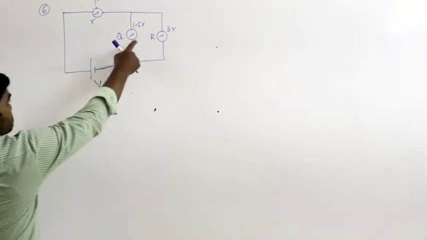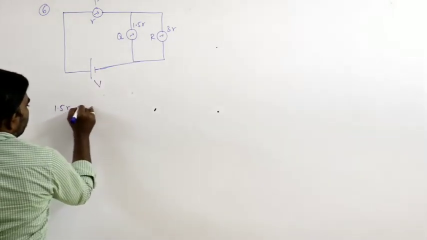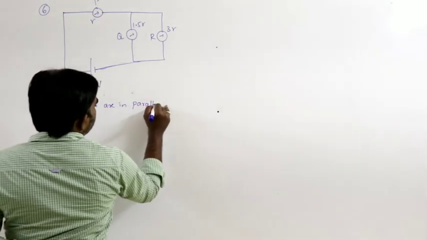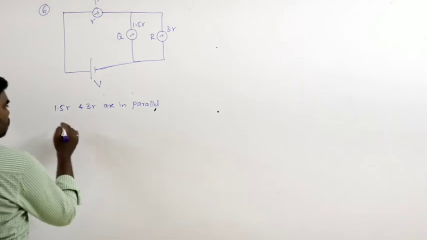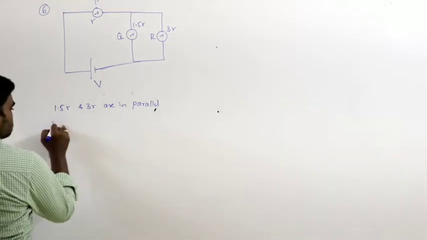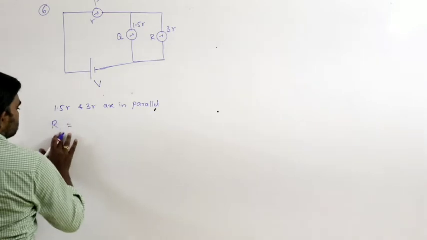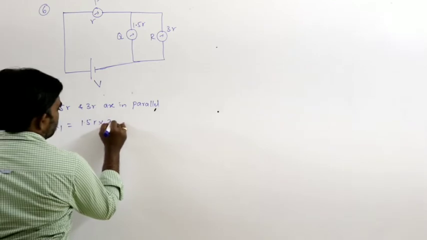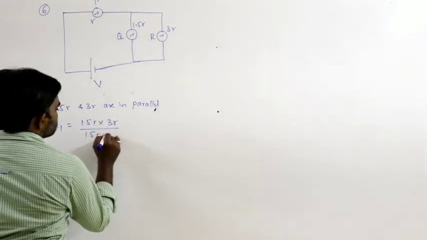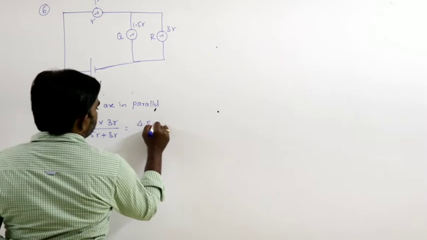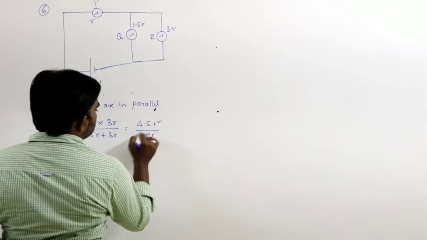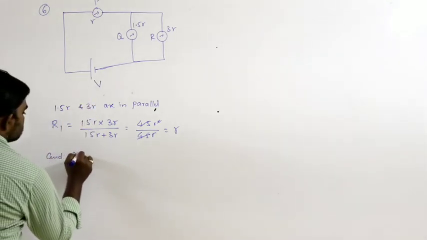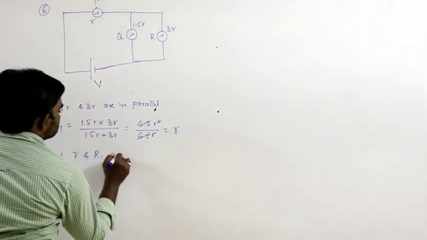The effective resistance of 1.5 R and 3 R in parallel, let us say r, is 1.5 R into 3 R divided by 1.5 R plus 3 R. So 4.5 R square divided by 4.5 R, so that is R. And small r and R are in series.